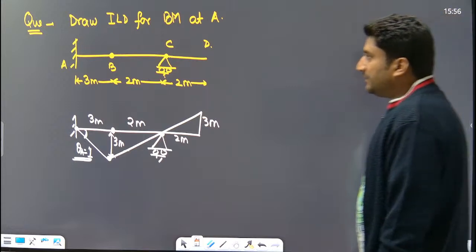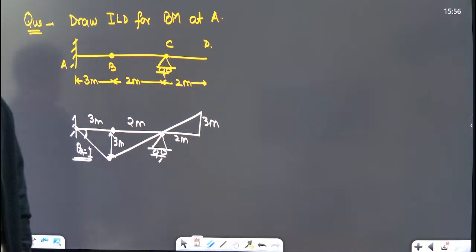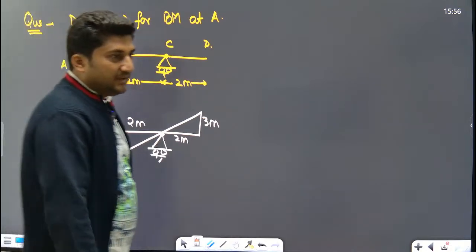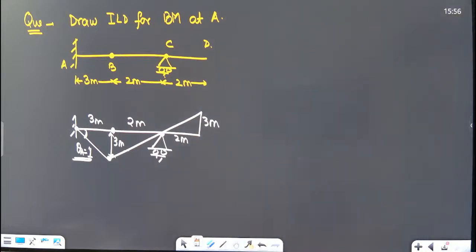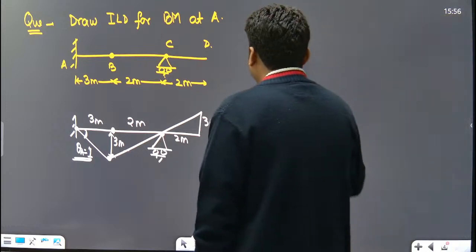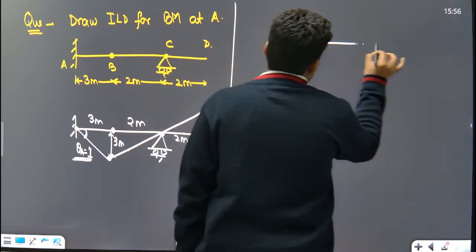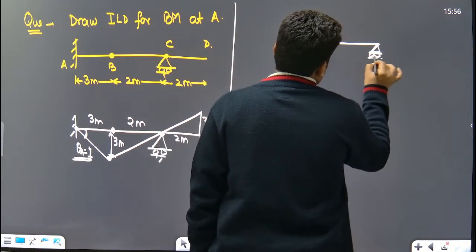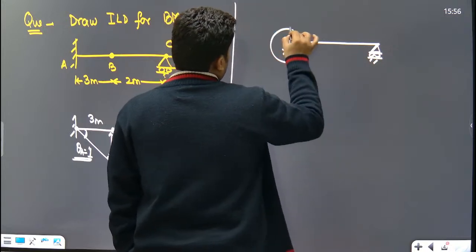Now, before heading towards the next concept for influence line diagram, first we will see one concept. I have one simply supported beam, and a moment M is there.